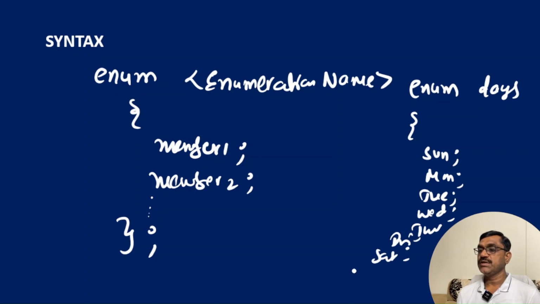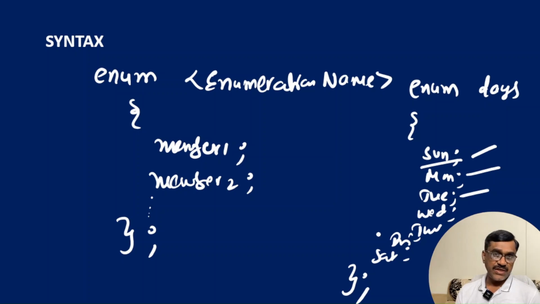Like that, I'm going to take the different items and it ends with semicolon. So here the members are like variable names, but I didn't mention the data type here. Sunday is one name, Monday, Tuesday up to Saturday. These weekdays I have assigned names for 1, 2, 3, 4, 5, 6, 7. Here we are assigning the names to the integer values.